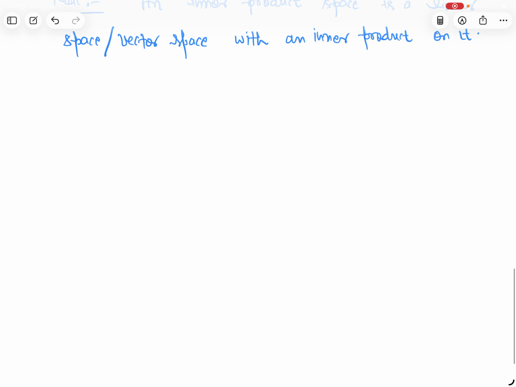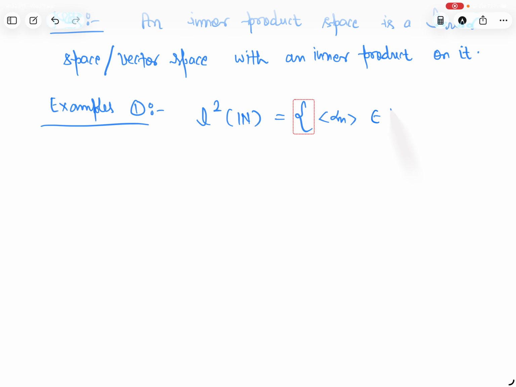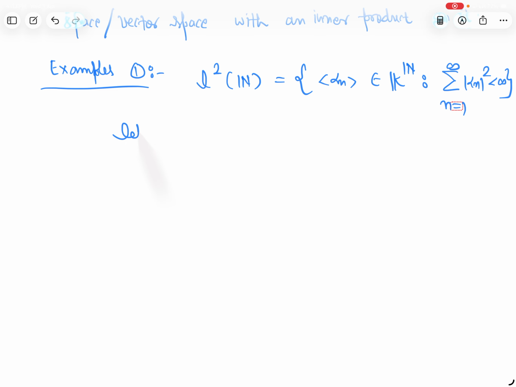Okay. So I am writing some examples. I am taking l2(N). l2(N) is nothing but the sequences in K such that the sum as n goes from 1 to infinity converges.